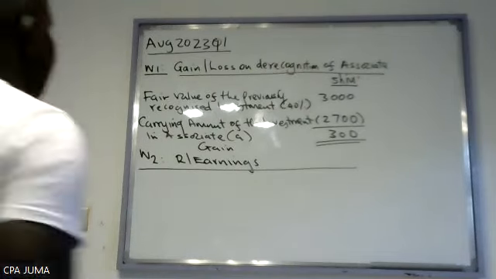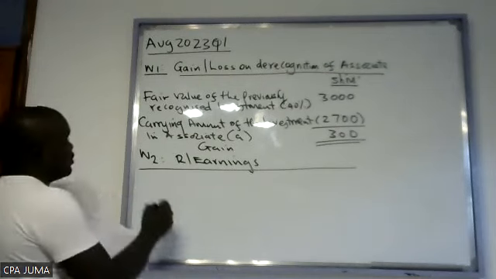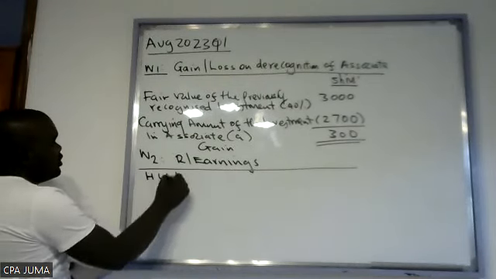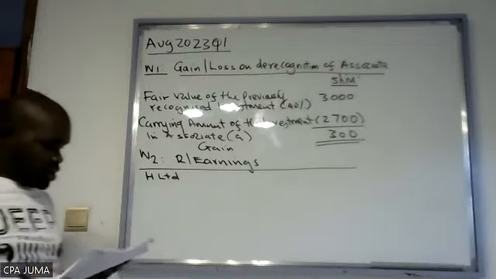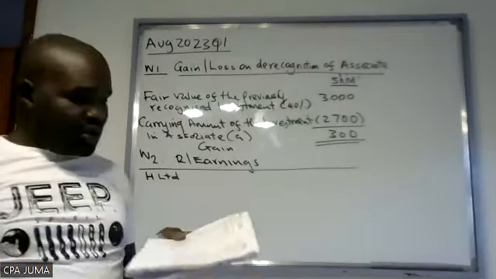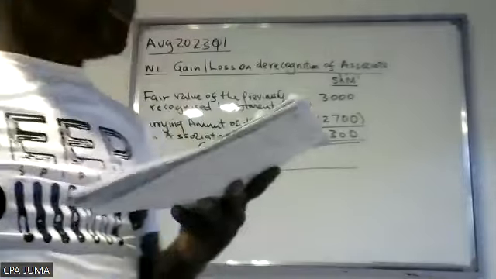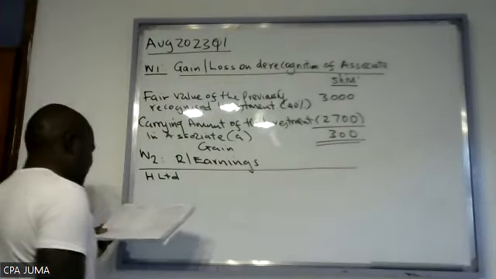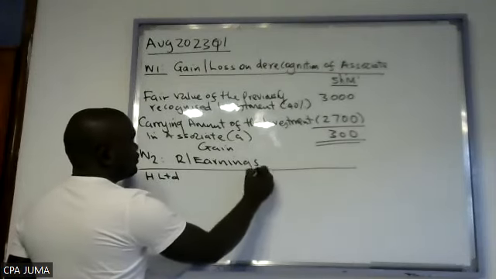So retained earnings for the group, you will take for H limited. H limited. Check the balance sheet. The balance sheet, the retained earnings of H. So the retained earnings of H is 3490.